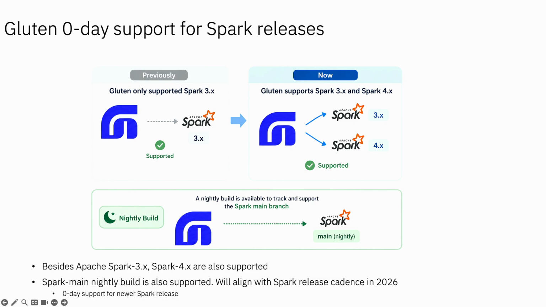To work with this, we are adding Spark main branch support. We pull their code from the main branch and build it nightly. So if there's a new release from Spark, we can align with them and cut the branch in Gluten. Then naturally we will have the corresponding release for the related Spark release.